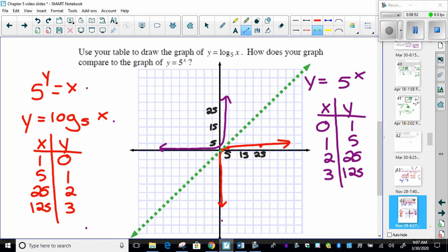This is where students will start to struggle with logs and exponentials, figuring out when are they equivalent and when are they inverses. So remember, the equivalency piece, I tried to keep them kind of all colorful for you to keep track of that. The equivalency part is rewriting from exponential form into log form. These are equivalent. Okay, these are just rewritten. Remember how we learned about rewriting in chapter 3?